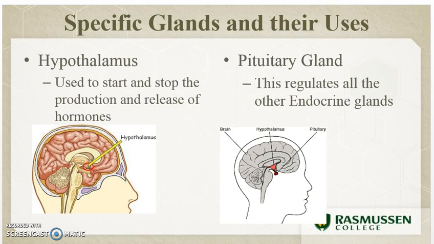Then we have your pituitary gland. This is located near the base of the brain in the sella turcica, which is a small depression in the sphenoid bone. This gland is considered what we call the master gland, and that is due to the fact that it regulates all other endocrine glands.